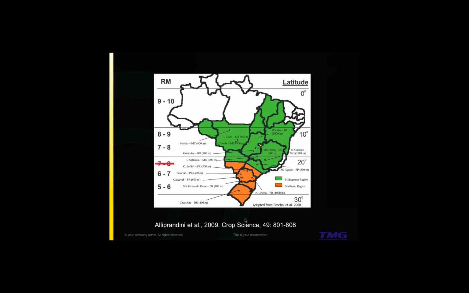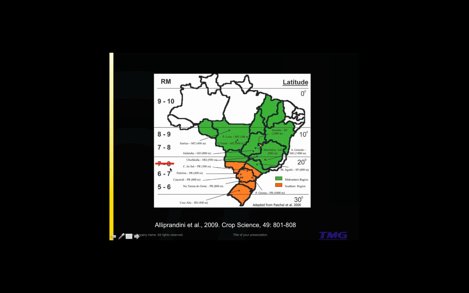So in this slide, we show the maturity groups that we grow in soybean. Again, this is the southern region. We are growing now essentially groups 5 to 6.5.